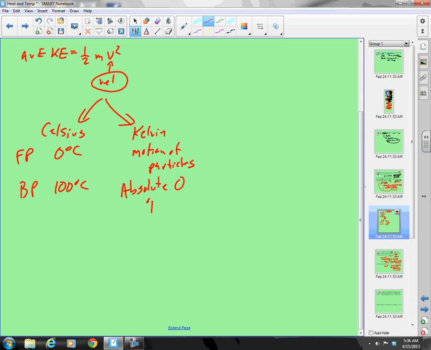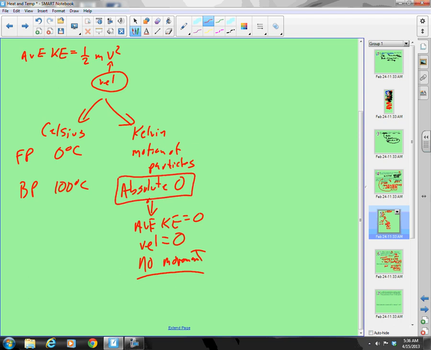At absolute zero, it means my average kinetic energy equals 0, which means the velocity of my particles is 0, meaning there is absolutely no movement of particles. Okay, so there's no movement of particles at absolute 0, and so Kelvin is based on that.